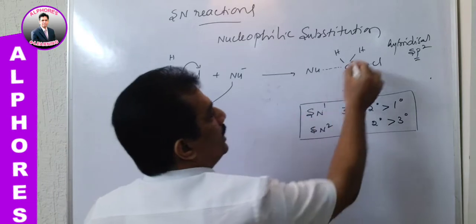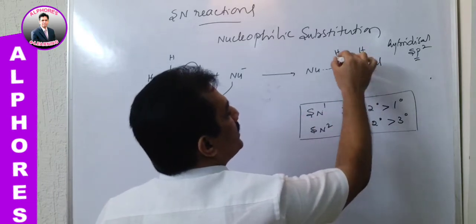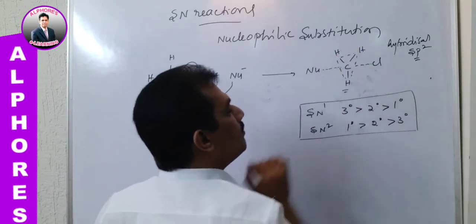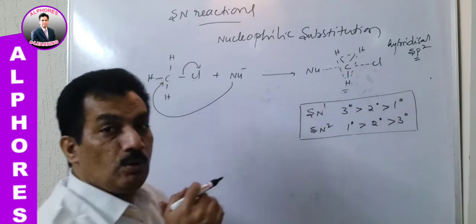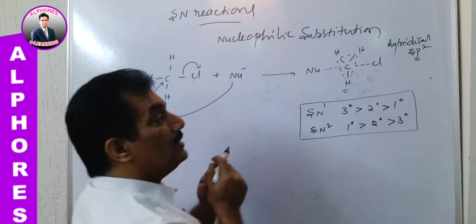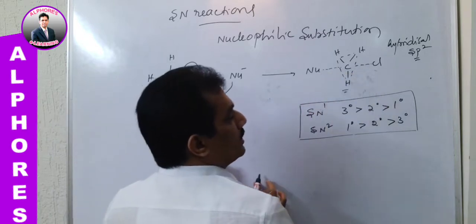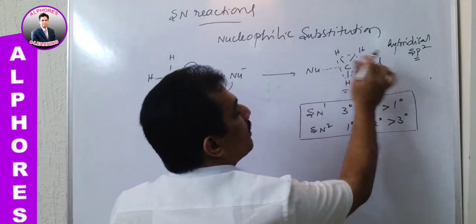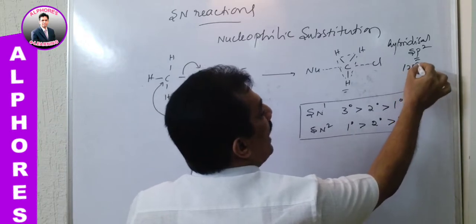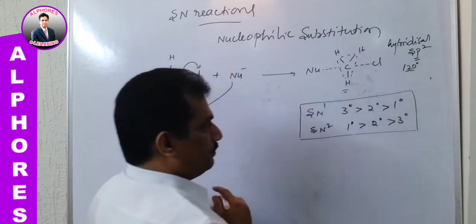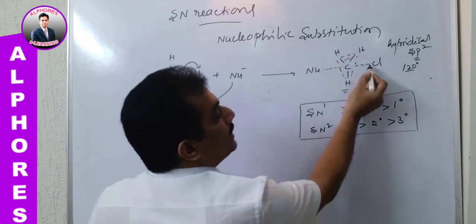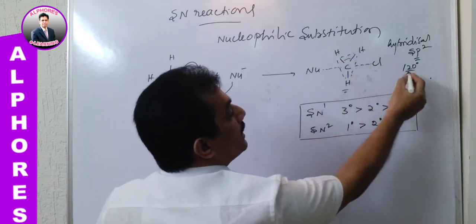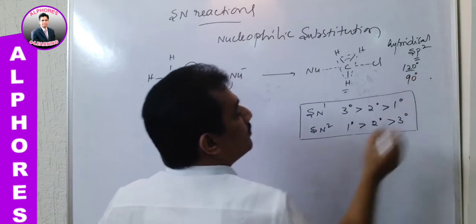When it is present with sp2 hybridization in this plane, these two are involving pure p orbitals, and because of those pure p orbitals, these two are making 120 degrees of angle with this plane. Here we have 120 degrees, and these two are making 90 degrees of angle.